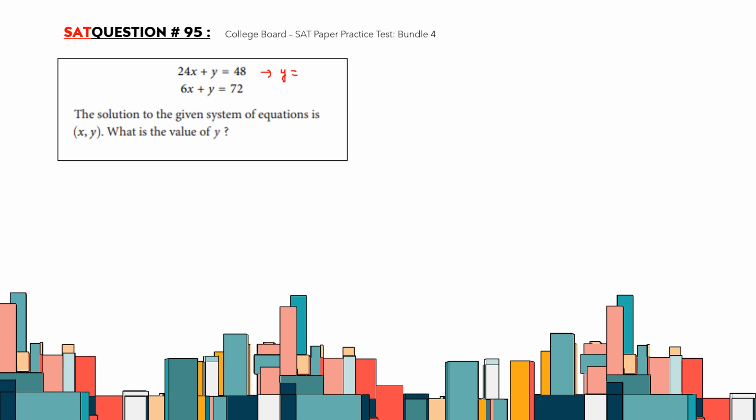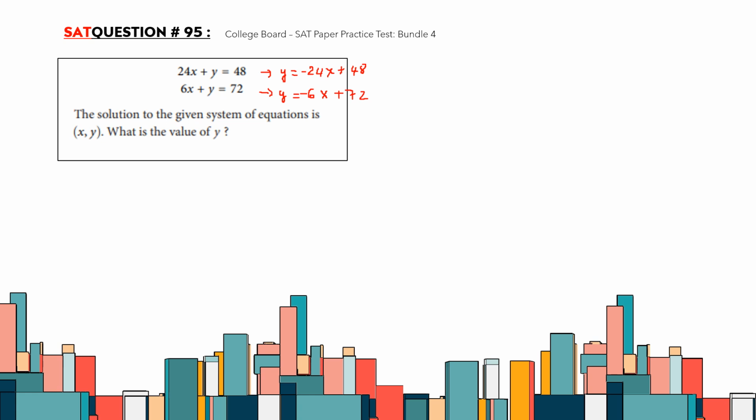In this one, it will be y equals negative 24x plus 48. We plug it into the calculator to graph at the same time with y2 equal to negative 6x plus 72. Basically we subtract 24x from both sides for the first one and subtract 6x from both sides to solve for y, and then we can graph and trace for the intersection between the two lines.